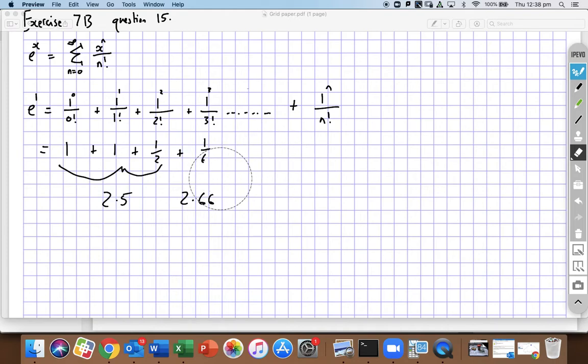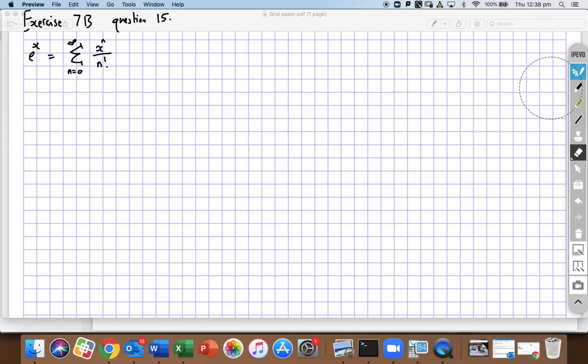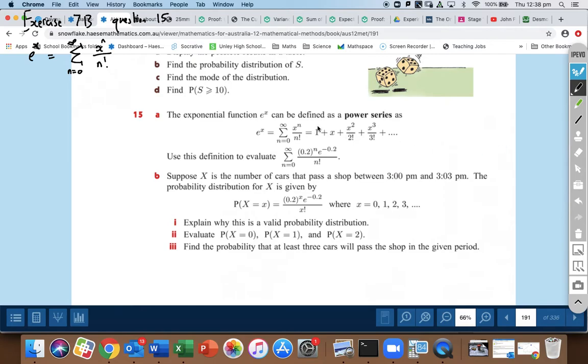All right, so that's how that formula works, and that is why in the book they've written this little bit here. They're trying to show you how you could do that sum, all right?